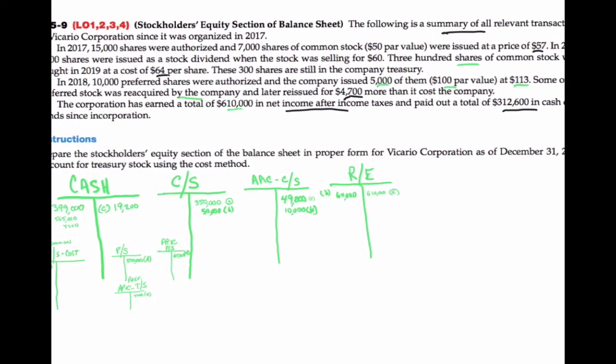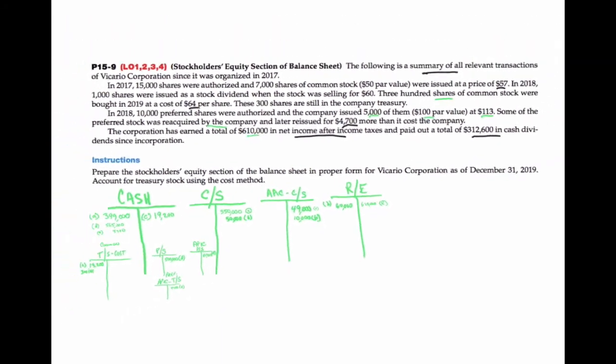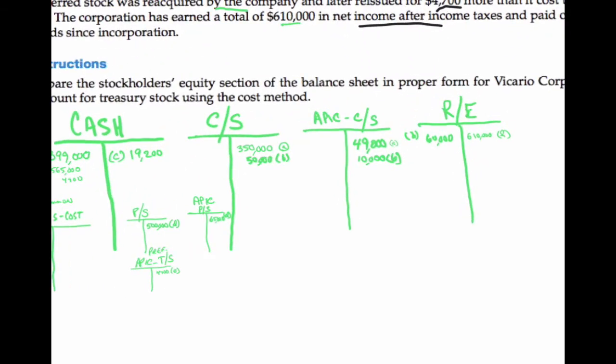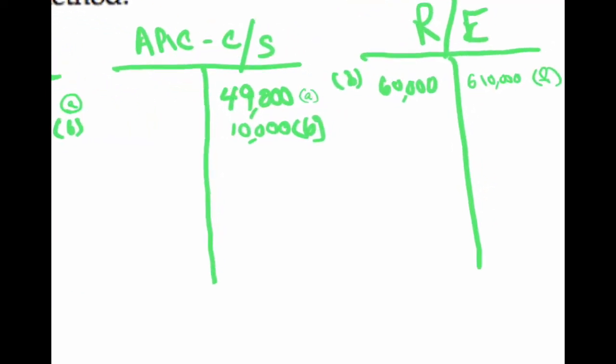And then paid out a total in cash dividends, $312,600, and we'll call that G. And that's going to be a debit of 312,600 to retained earnings.